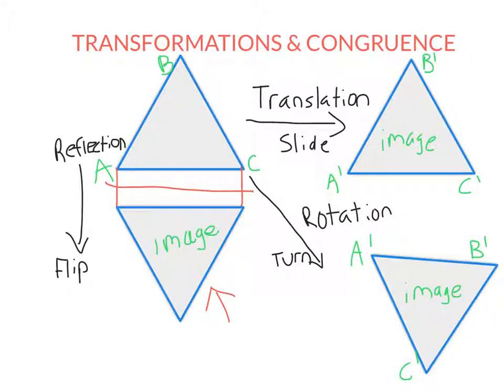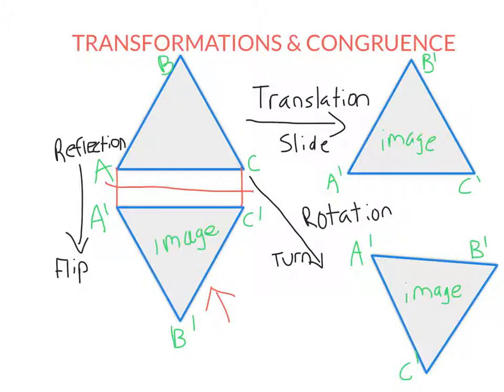So B was at the top, it's moved to the right, A's moved to the top, and so on. So that is clearly a rotation that's occurred. If I look at the image now on the bottom, I call it A dash, C dash, and B dash. The vertices have been reflected, so I know a reflection has taken place.